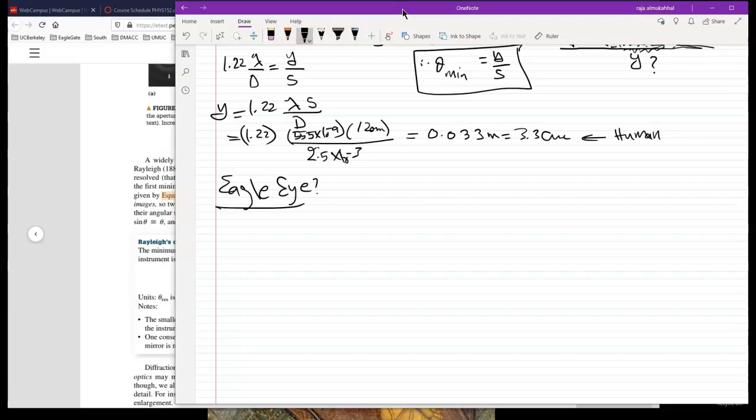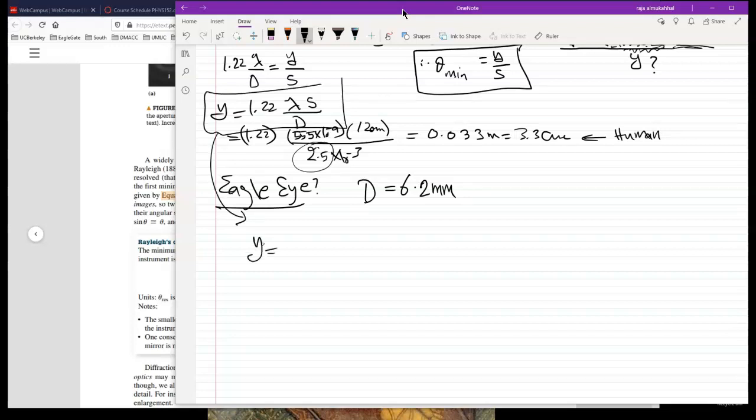Well, the difference between the eagle eye and the human eye is that the eagle eye's pupil, D for our eagle, is equal to, I'm looking it up here, is wider, 6.2 millimeters, okay? So it's almost 3 times. Ours is only 2.5. You see what I'm saying? Ours is 2.5. The eagle is this. So basically I'm going to use exactly the same formula for the eagle.